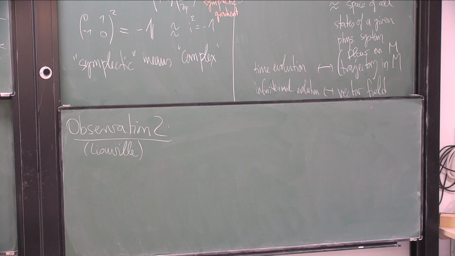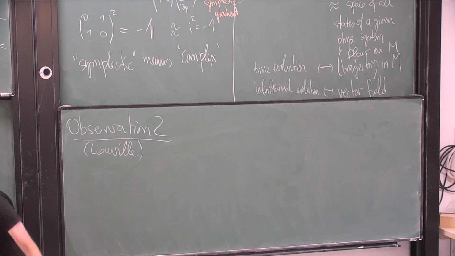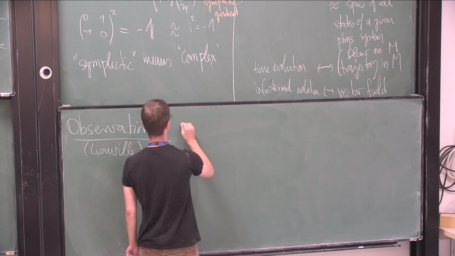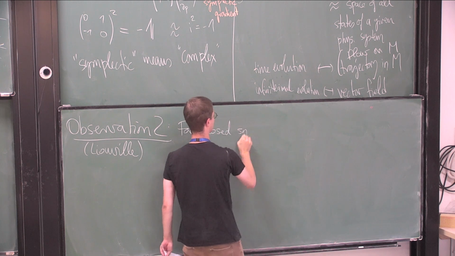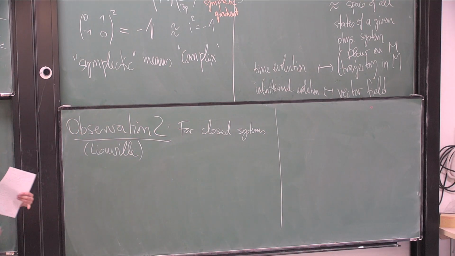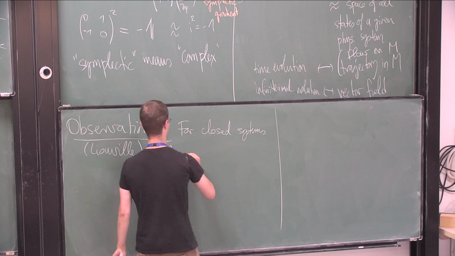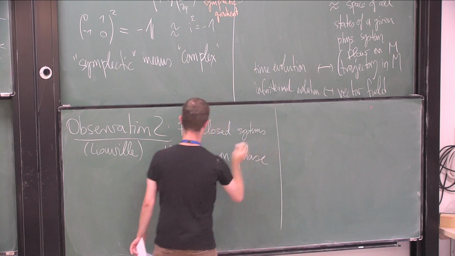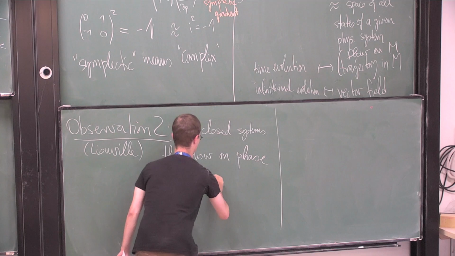And what Liouville discovered is that this flow is volume preserving, at least for closed physical systems. Closed means that there's no energy incoming or outgoing. For closed systems, the flow in phase space preserves volumes.